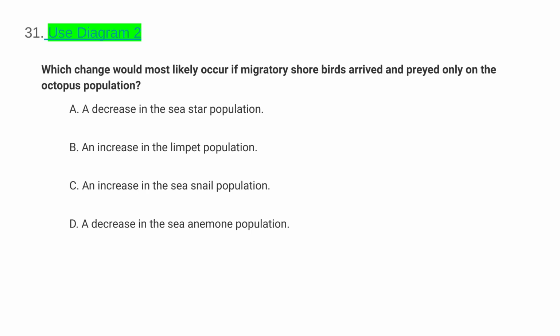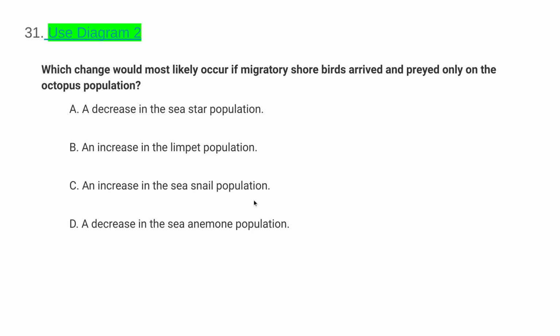Number 31. Which change would most likely occur if migratory shorebirds arrived and preyed only on the octopus population? So this is something that we talked about in ecology earlier this year, the ripple effect that occurs in a food web when one population in the food web is affected.